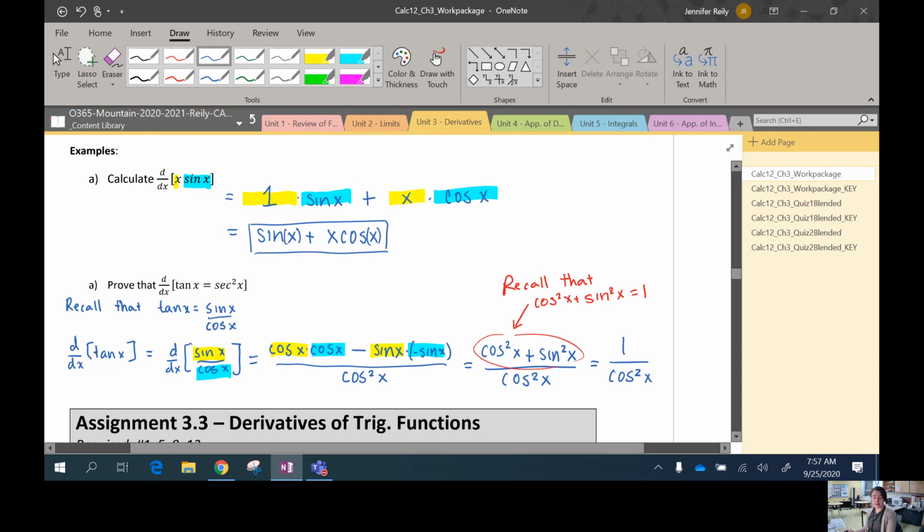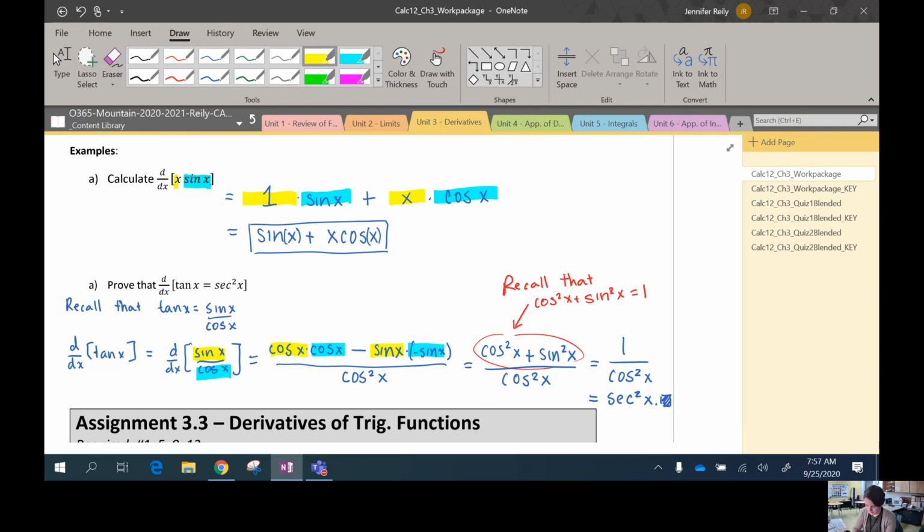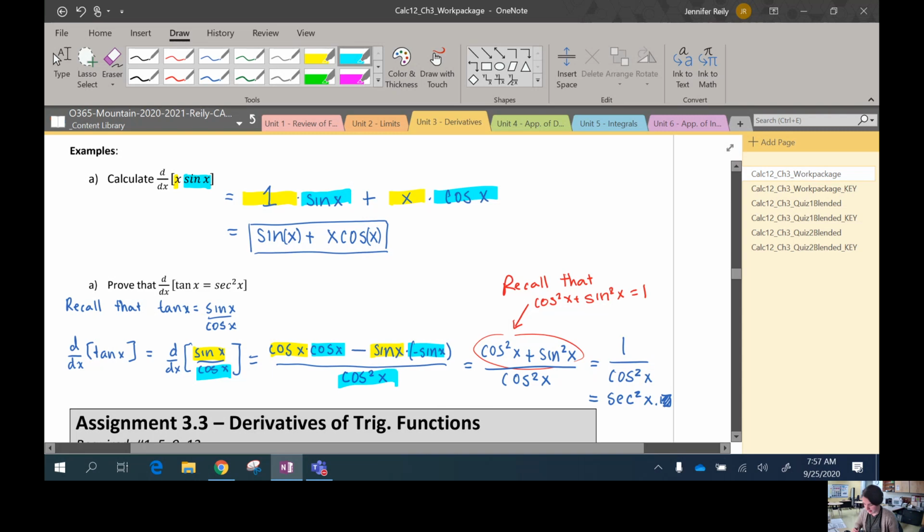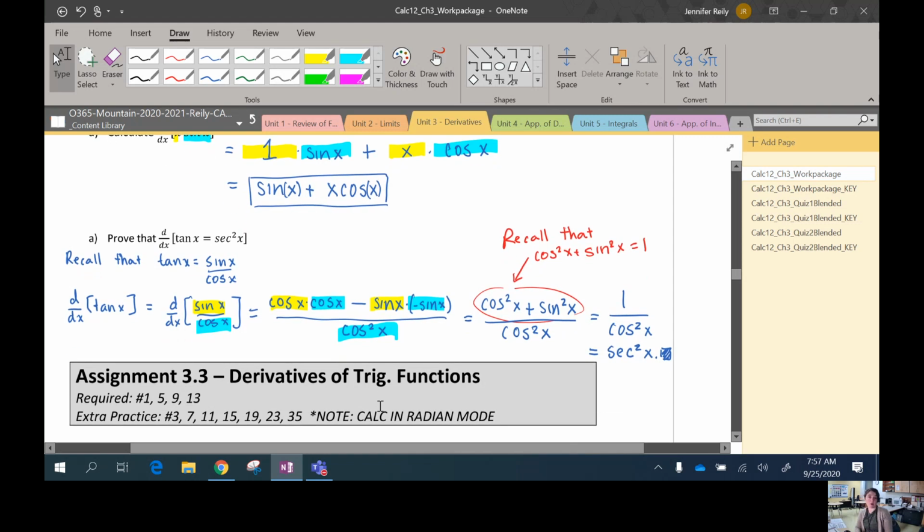And 1 over cos squared x is secant squared x. So there we go. We just proved that it's true. The little colored in square at the end there just means end of proof. So if you're proving something, it's like a period at the end of a sentence.